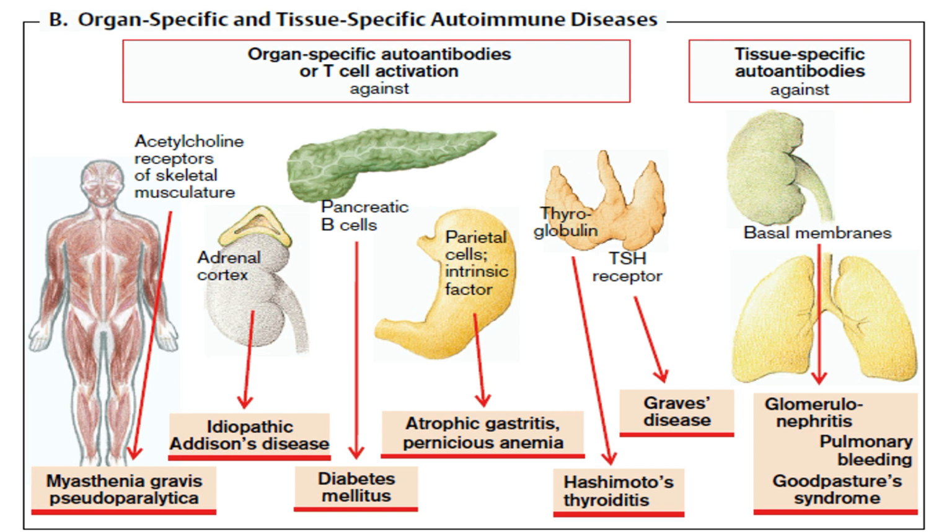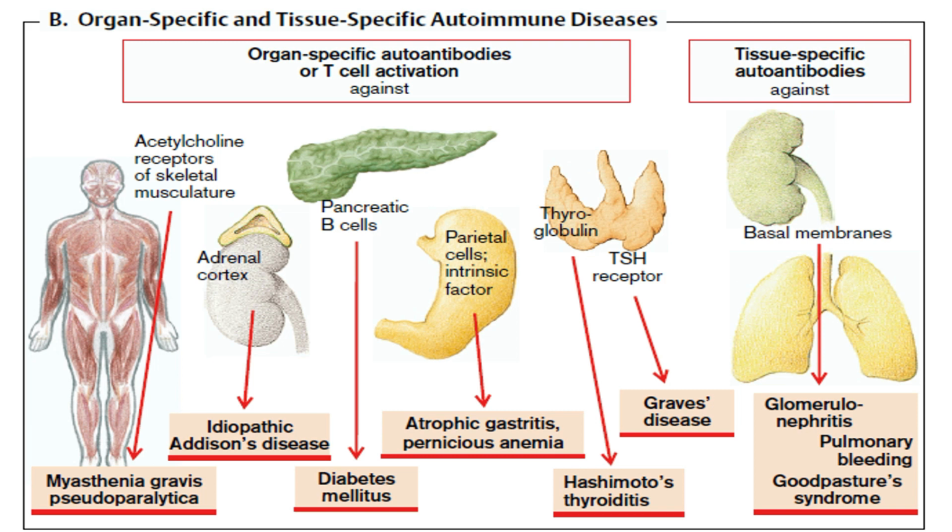There are organ-specific and tissue-specific autoimmune diseases. Organ-specific autoantibodies and T cells activate against other organs, and may influence the adrenal cortex, pancreas, stomach, and thyroglobulin, and may form myasthenia gravis, idiopathic Addison disease, diabetes mellitus, several gastritis, Graves' disease, and Hashimoto thyroiditis.